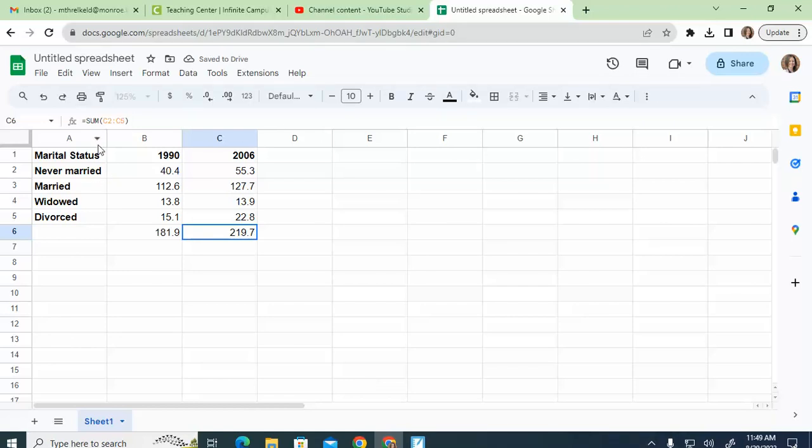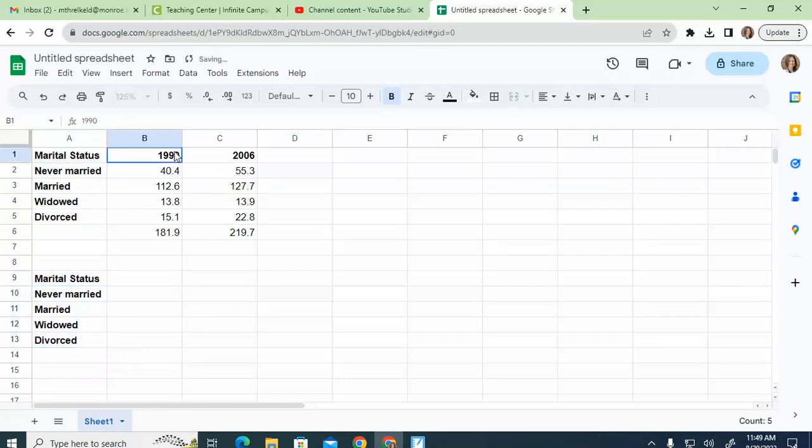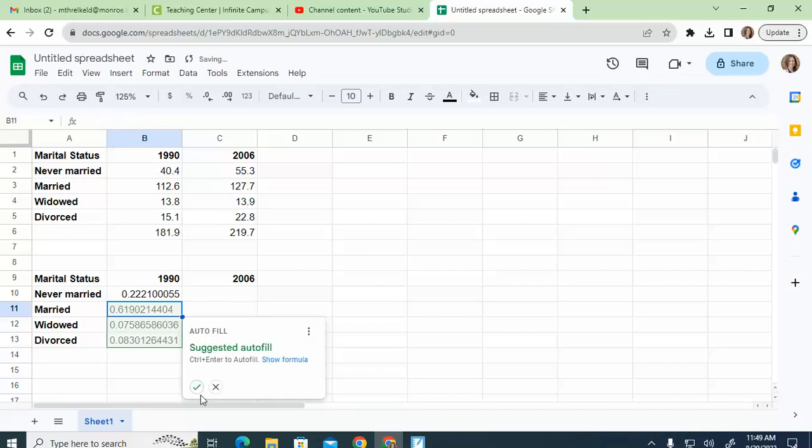So what I'm going to do, I'm just going to make another table down here for my relative frequencies. You could put it beside the ones we already have, but I think this would be a little bit easier. Okay, so to get my relative frequency, I need to do that value divided by my total, which was 181.9 for 1990.